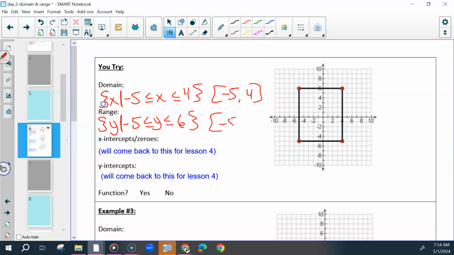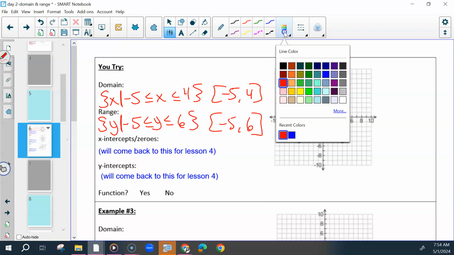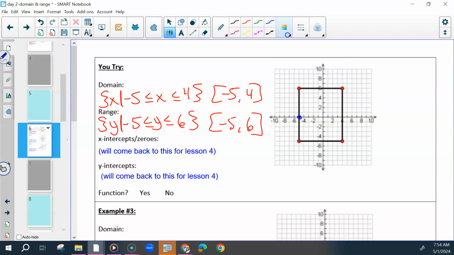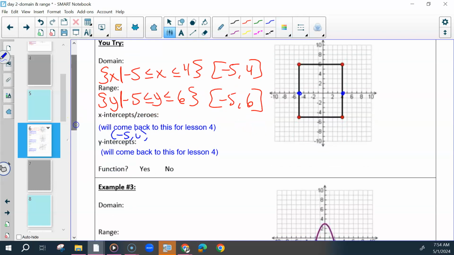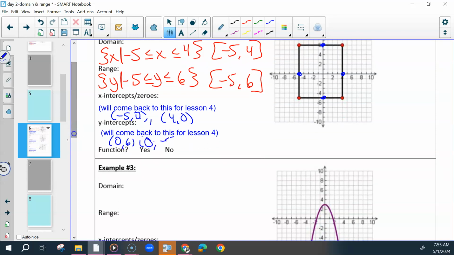And then interval notation, negative 5. The x-intercepts for this are what? Negative 5, 0, and 4, 0. And the y-intercepts? 0, 6, and 0, negative 5. Is this a function? Do we have any questions?